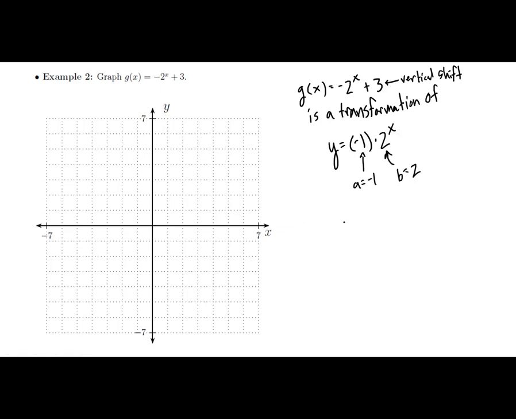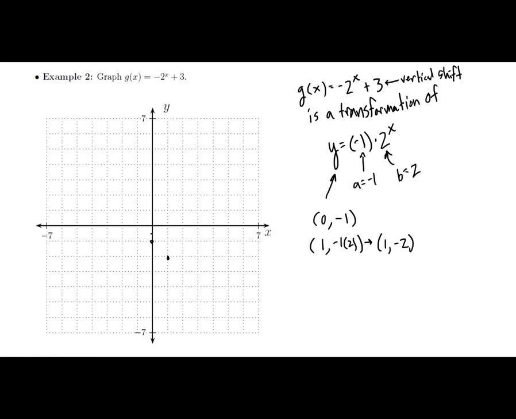All right, so like on the previous page, we know that (0, -1) is a point on this function, and we know that (1, -1 times 2), so (1, -2), is also a point on this function. So let's graph our base function here, (0, -1) and (1, -2).